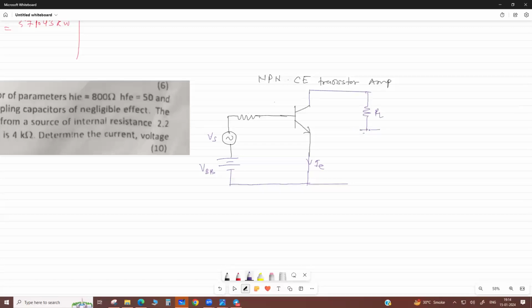Then the emitter voltage we also apply as a bias. Again here we apply the voltage potential. This is the collector current. The collector applied voltage, this is the base voltage, this is the collector voltage, and the load resistance.